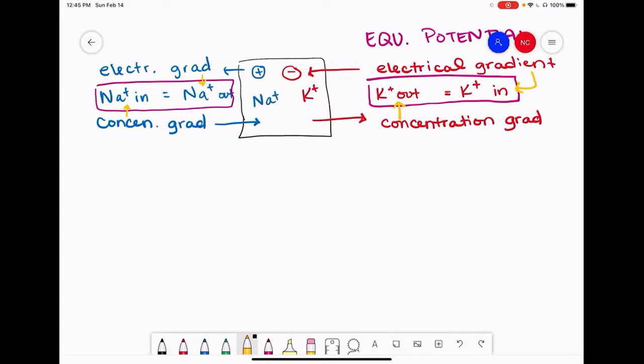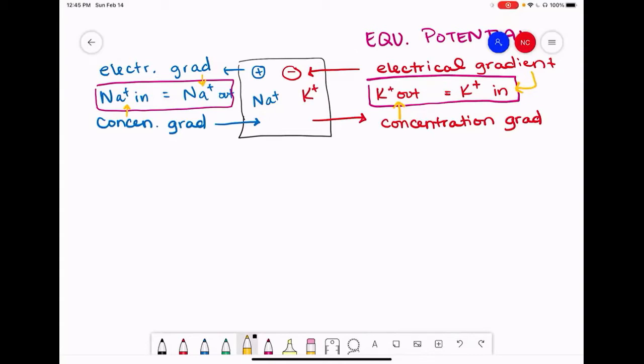So when potassium leaves the cell, that means that there's going to be a higher negative charge on the inside of the cell. Opposite charges attract each other. Therefore, the electrical gradient is going to pull a positively charged potassium ion back into the negative intracellular matrix.